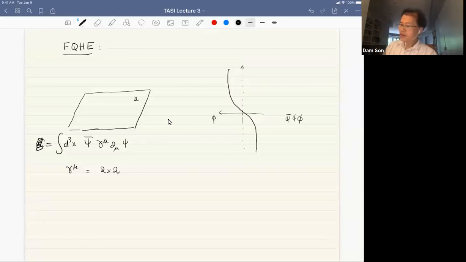Okay, so now let us try to couple this fermion to a gauge field. Here I'm going to couple it to a three-dimensional gauge field. So I can add, for example, d mu plus or minus i A mu acting on psi.